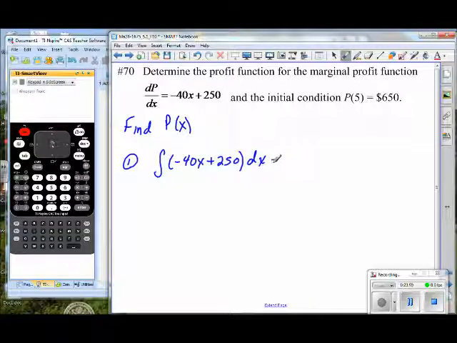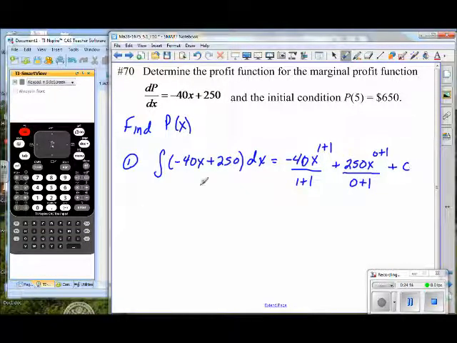So if we're going to do this, we'll just take this one term at a time. Remember that we start by adding 1 to the exponent and then divide by the new exponent. Move on to the next term, 250. That's the same as 250 x to the 0, so we do the same thing. Add 1 to the exponent, divide by the new exponent, plus C. What we have here now is equal to P of x, the profit function.